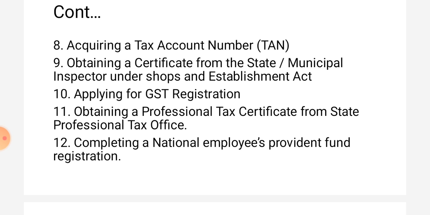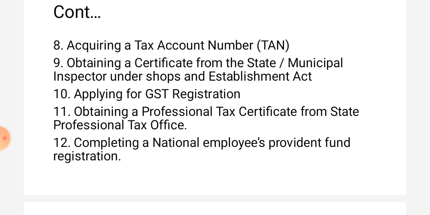Next, number 11, obtaining a professional tax certificate from the state professional tax office, because when they collect professional tax from their employees, it has to be paid to the concerned professional tax office.